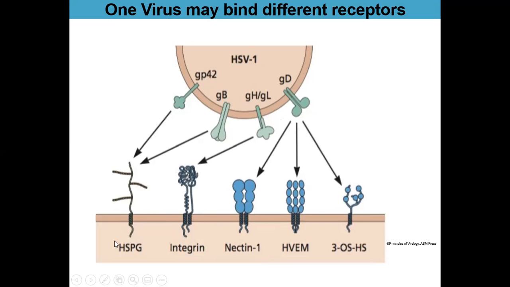For example, one cell may have more HSPG receptors and not have integrin, nectin, HVEM, or OSHS, so the virus will just use this gate to get inside the cell. And if integrin is abundant on a particular cell type, then HSV is going to use this integrin gate. Similarly, these gates will be utilized wherever they are present on the cell. So that's why herpes is forever.